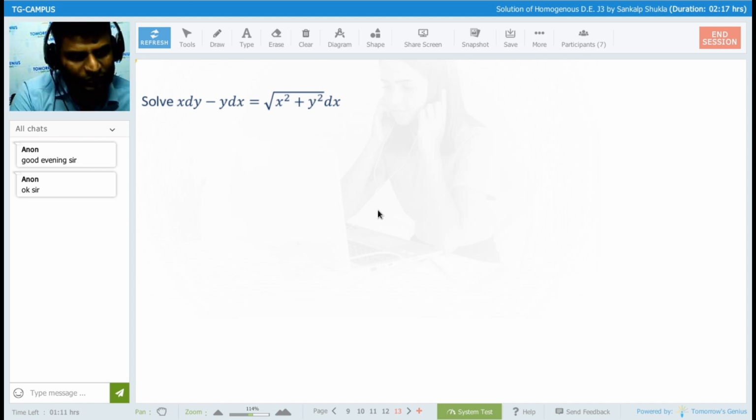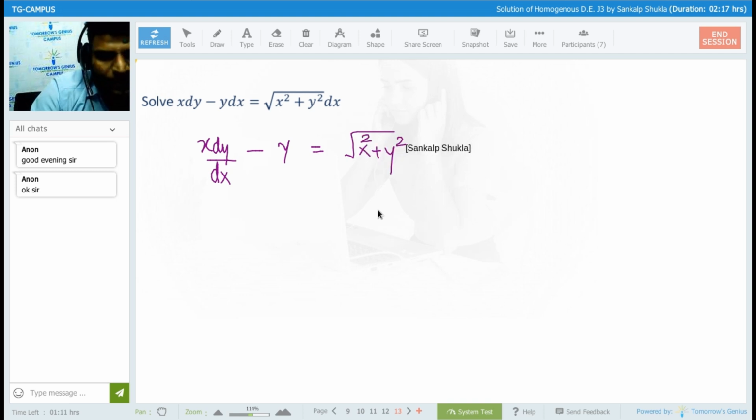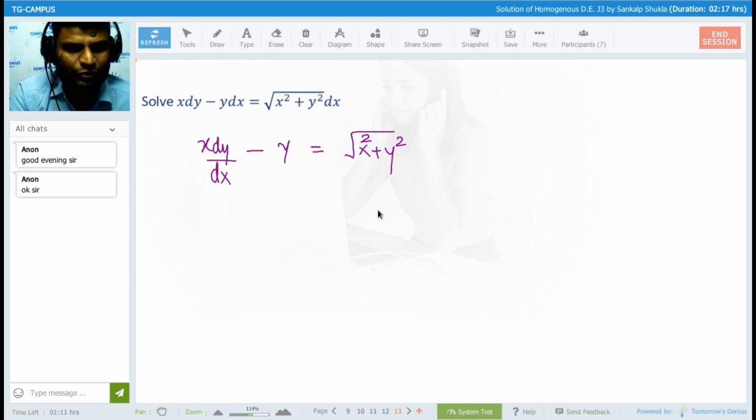Can we just divide the whole equation by dx? So this will be x dy by dx minus y is equal to root x square plus y square. Okay, there is another typing error. This is not root x square plus y square.